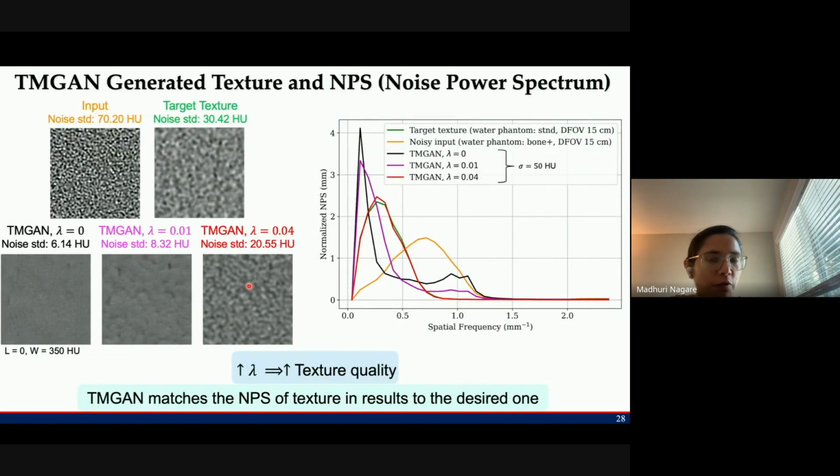So let's see if TMGAN is performing as expected or not. So this is the input. These results I'm showing only on the noise images. In CT images, there are different kinds of kernels to reconstruct images in the image domain.